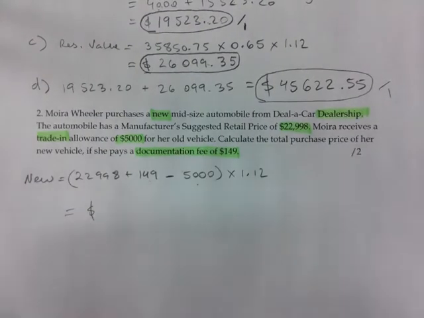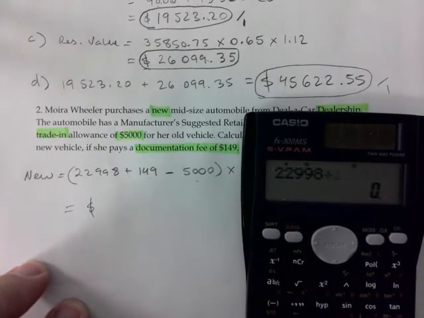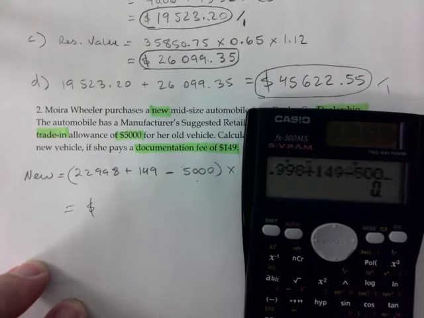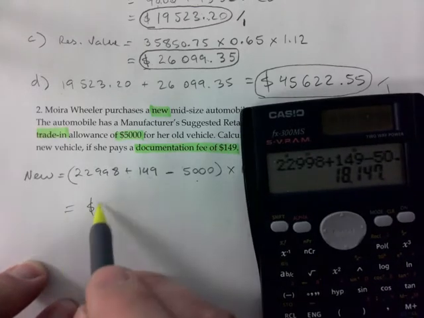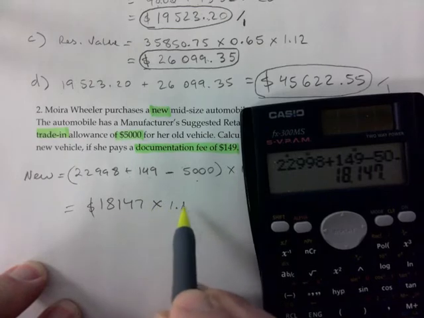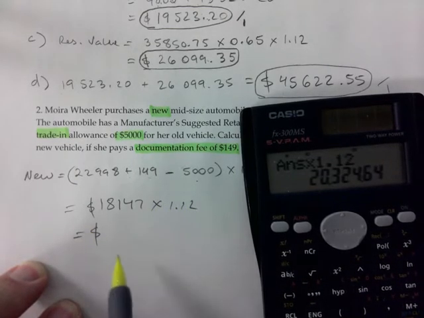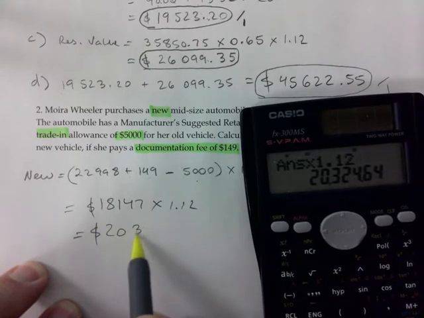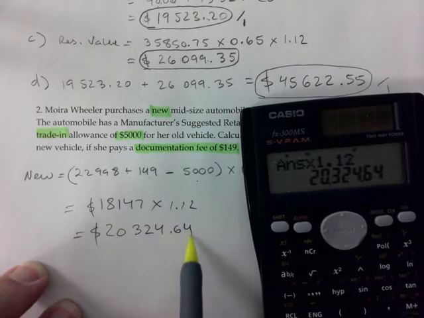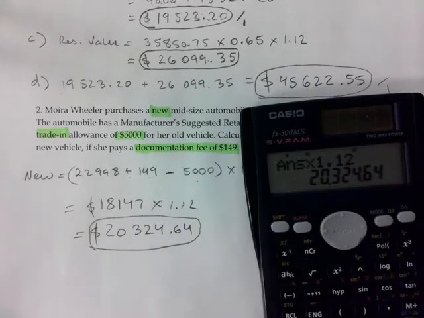And let me just figure that out in there. I just want to lead by example, right? Showing my work. So there's 18,147, and that gets multiplied by 1.12. Some of you went and bought a nice calculator, and I hope that you're noticing the results, right?